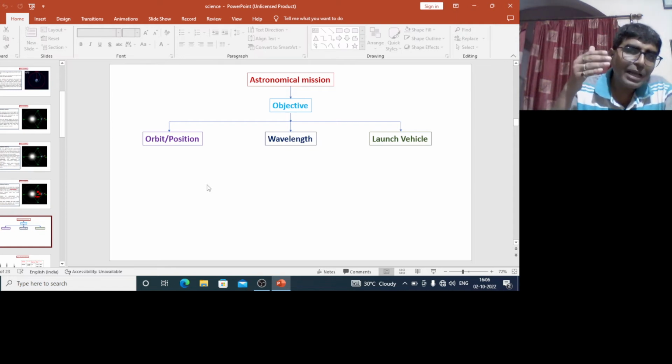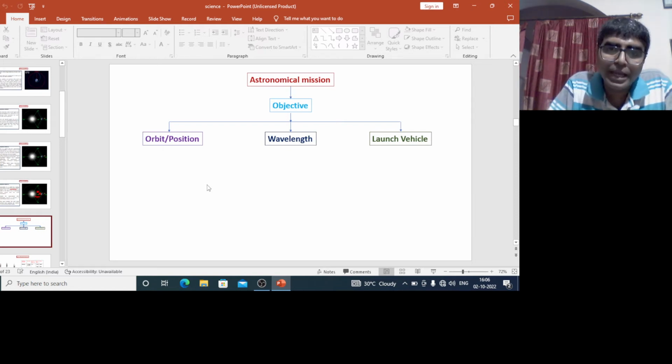Now in this part, what we have to know is that when we take up a mission, there are three objectives we have to keep in mind. Any astronomical mission, like the Aditya mission, the James Webb Telescope, the Mars mission, or the Chandrayaan lunar missions, involves three things.